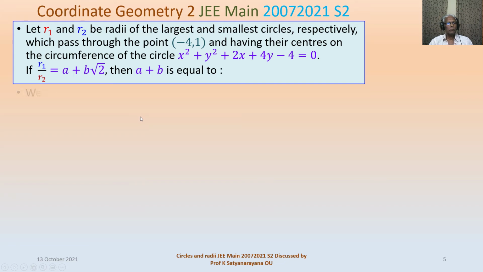We have the given circle x² + y² + 2x + 4y - 4 = 0. Let's call this equation number 1.